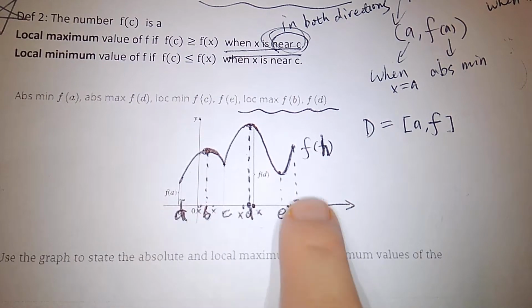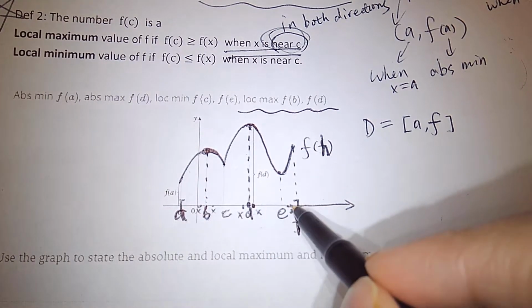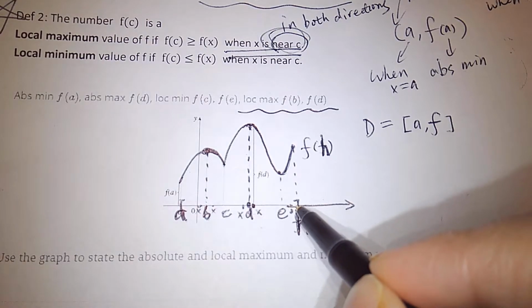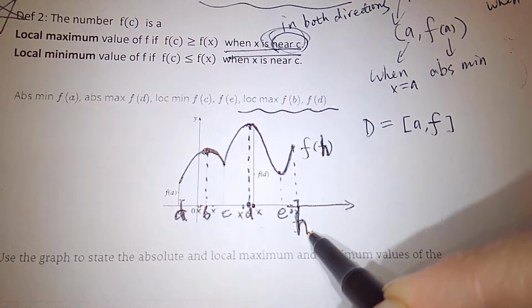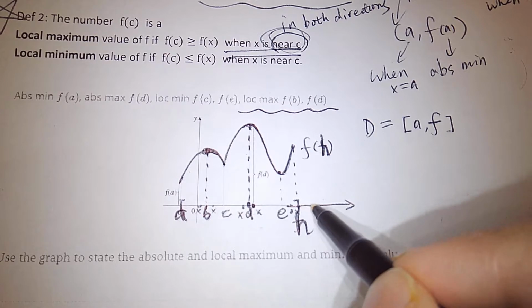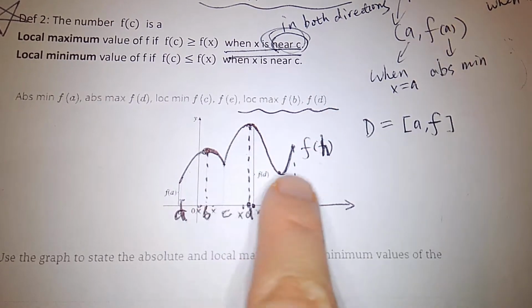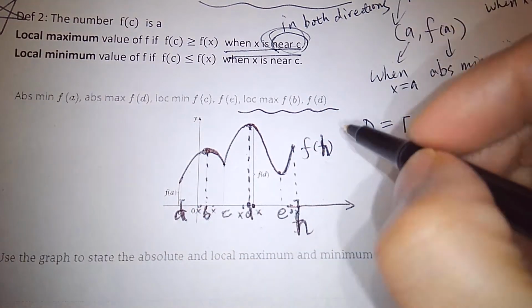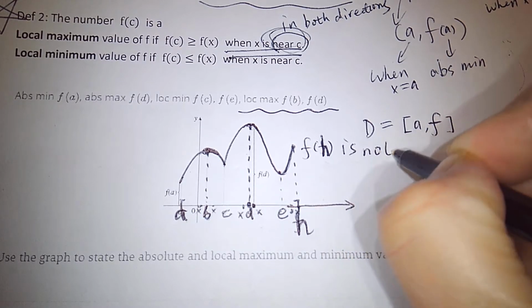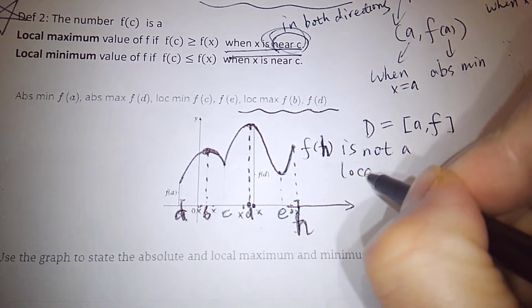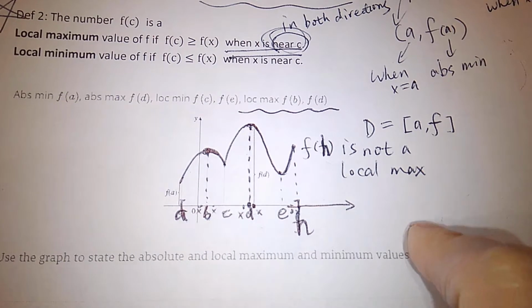No, because at its endpoint we only have x values on one side, but we don't have the other side. So f of H is not a local maximum.